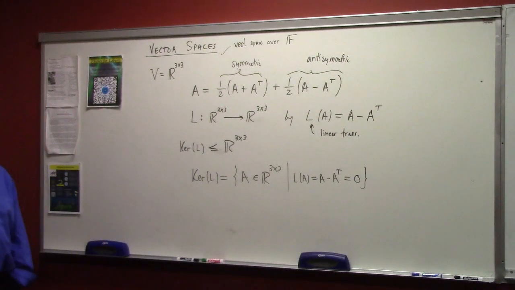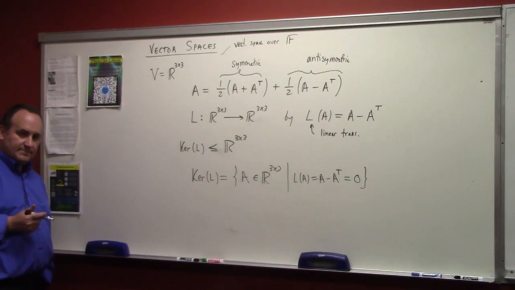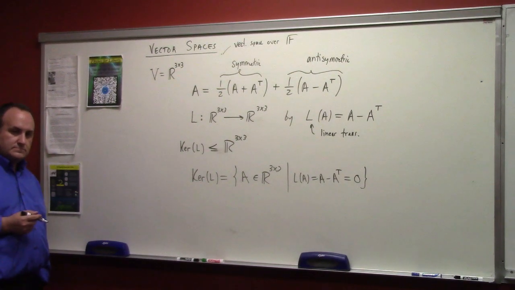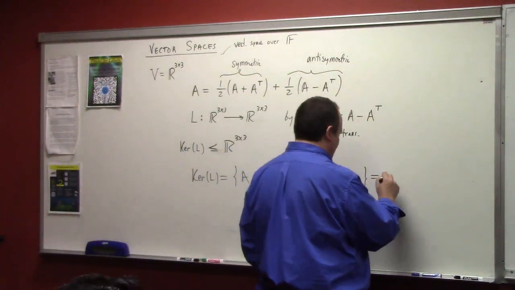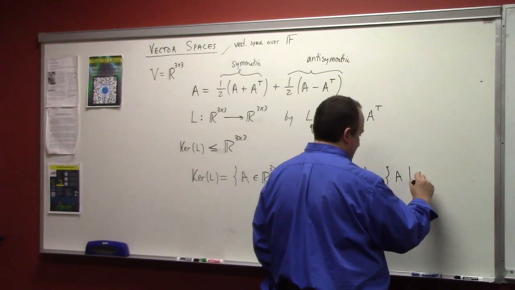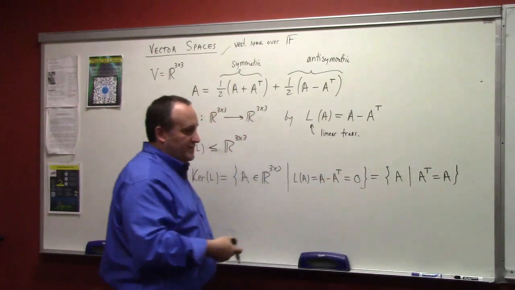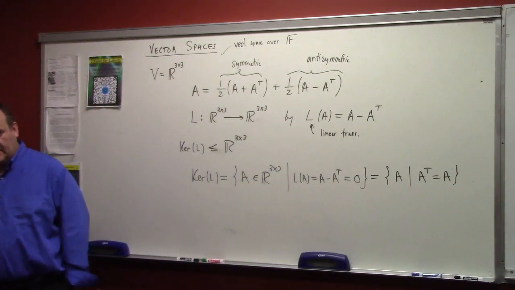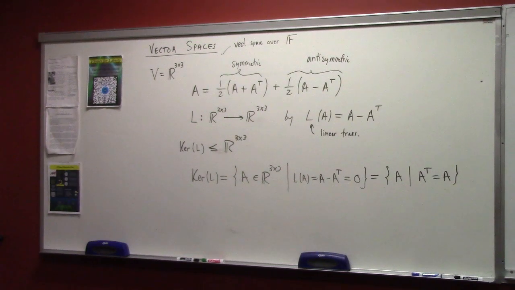So what is this subspace we're looking at? Matrix minus its transpose equals 0. So, symmetric. Right, this is just a wacky way of saying A such that A transpose equals A. In other words, this is a very efficient proof that the set of symmetric matrices is a subspace. What's its dimension?